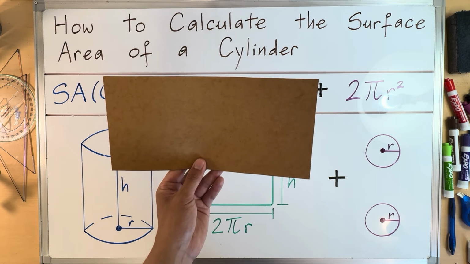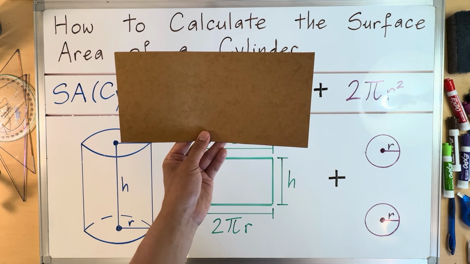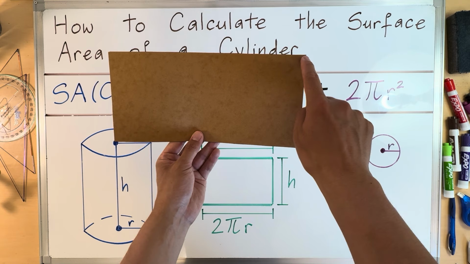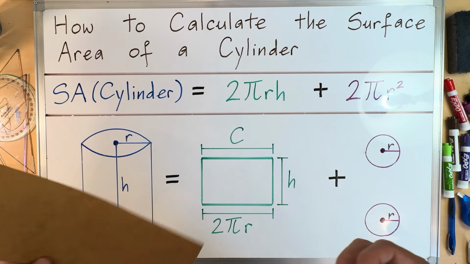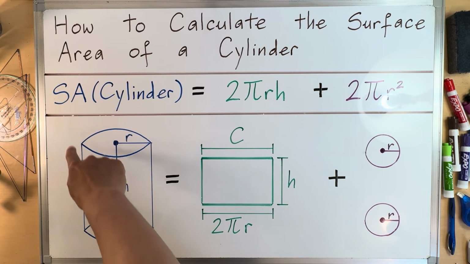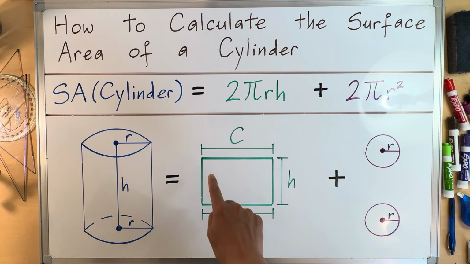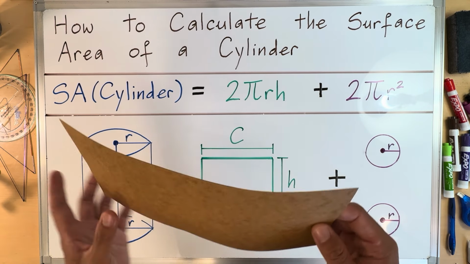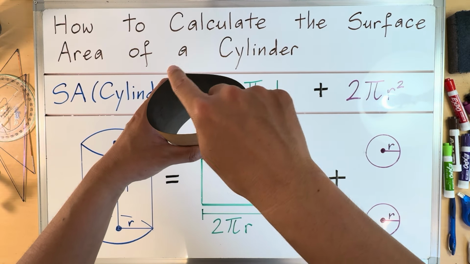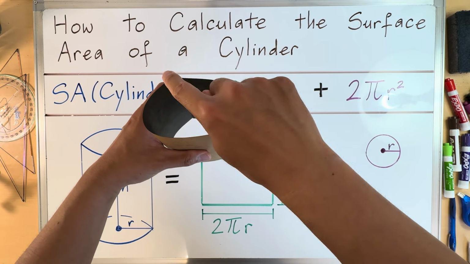Likewise, we are going to reasonably assume that the length of the rectangle, specifically from this point to this point, would be the circumference of the cylinder, because when I roll it up, this would be the circumference of the cylinder.